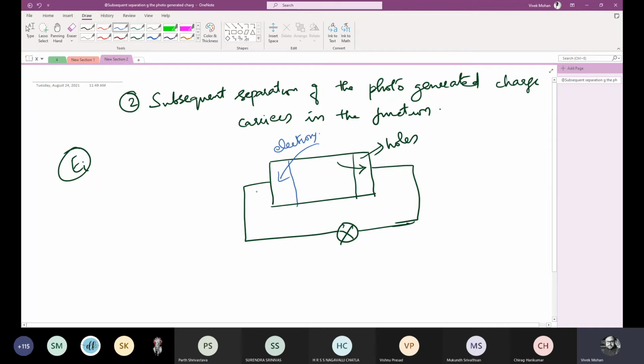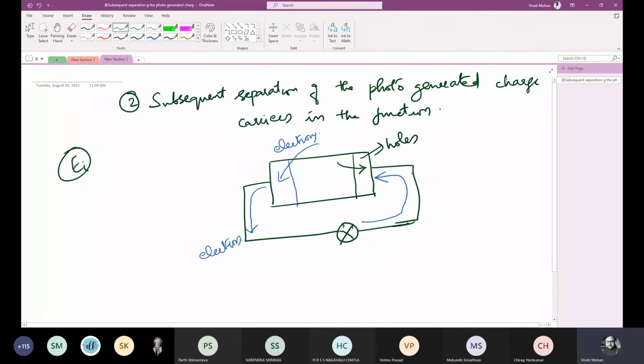Accordingly, if we design the material, then we can channelize its movement. So here I'll get the movement of charges, electrons, and like this I will get movement of charges through a circuit if the circuit is closed.